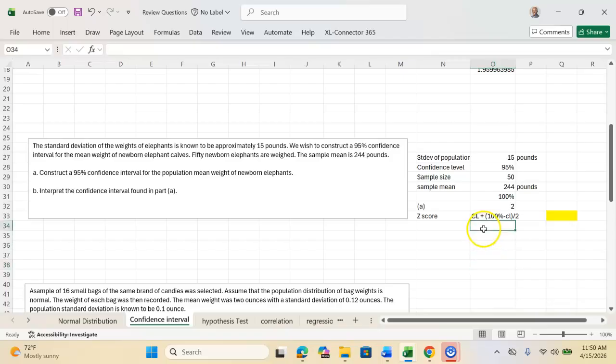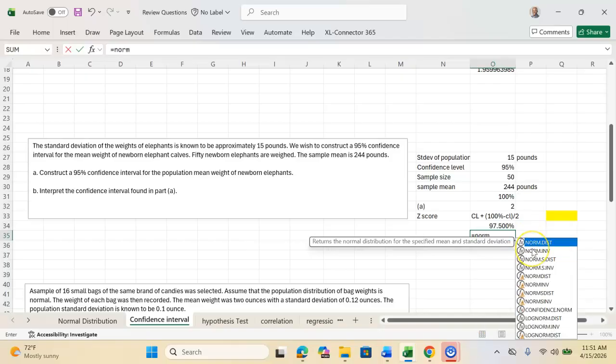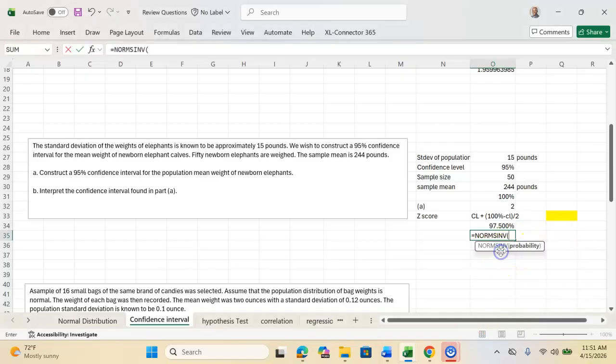To find the z-score, put an equal sign, the confidence level is 95, plus, in brackets, 100% minus the confidence level, divided by 2. So we have 97.5, and we can find z by using NORM.S.INV. Click on 97.5 and enter. So we have 1.96. That is the z.